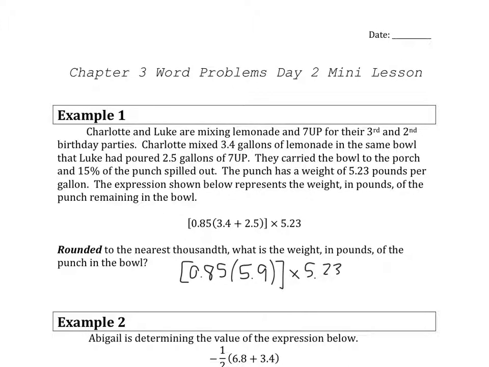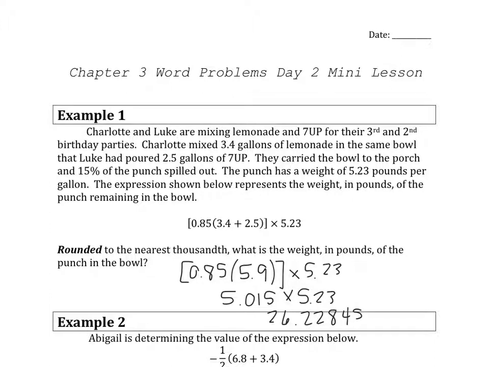Now, still inside the parentheses, 0.85 times the 5.9, which is 5.015, times the 5.23. It helps to rewrite your steps so that you can assess if you made an error very quickly. And it's 26.2845.